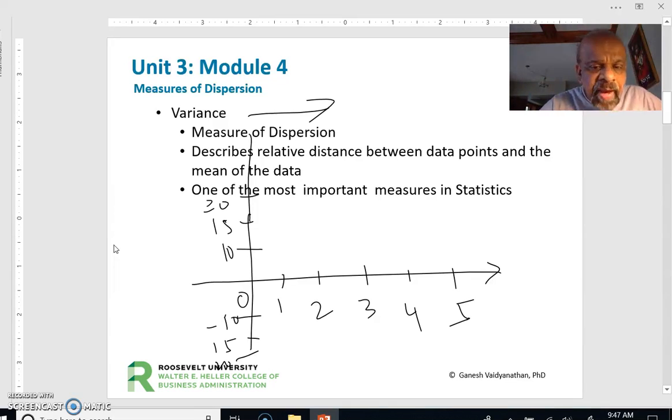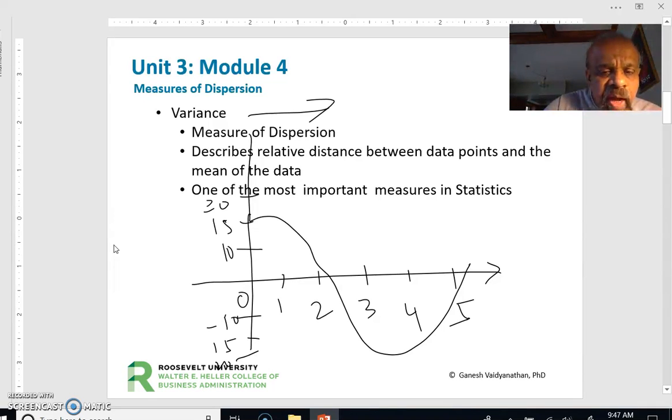Now I have a curve. My first observation is this point, my second observation is this point, my third is this point, fourth is this point, and the fifth is this point. I can find out how these points are behaving.